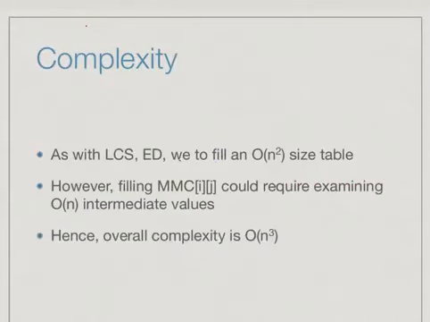So as with this LCS problem, we have to fill an order n squared size table. But the main difference between LCS and this is that in order to fill an entry in the LCS table, we had to look at only a constant number of entries. So order mn or order n squared, but the point was each entry takes constant time, so the effort involved is the same as the size of the table. Now here, unfortunately, it's not the case.